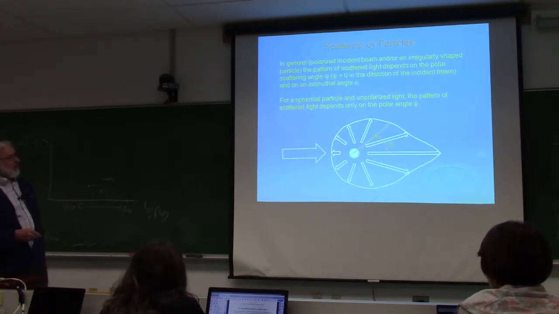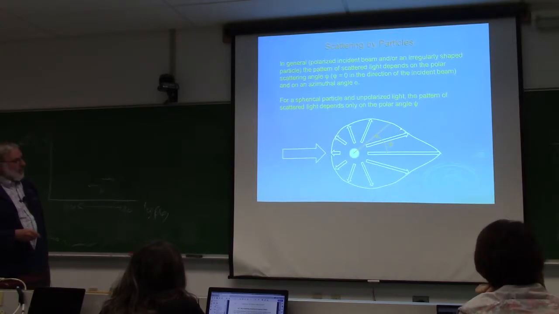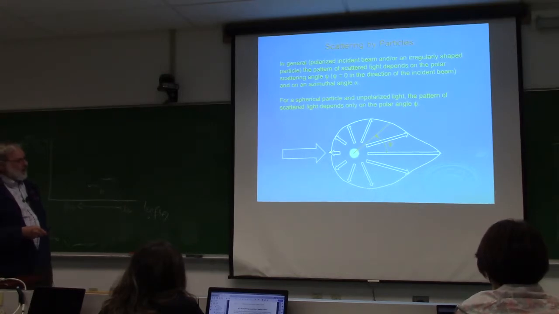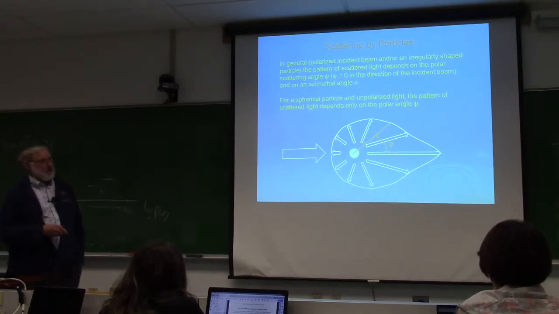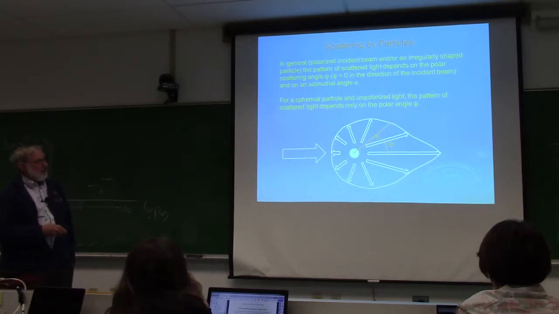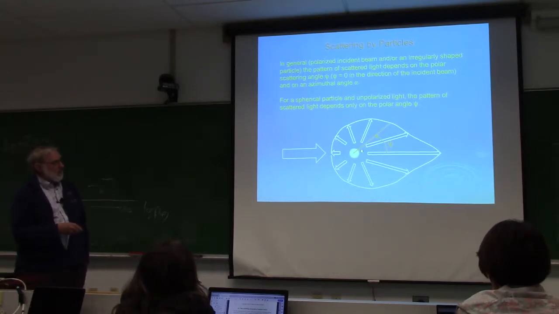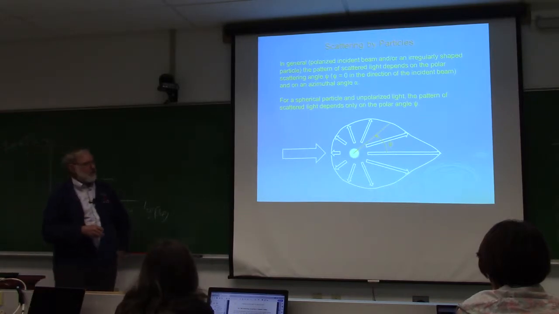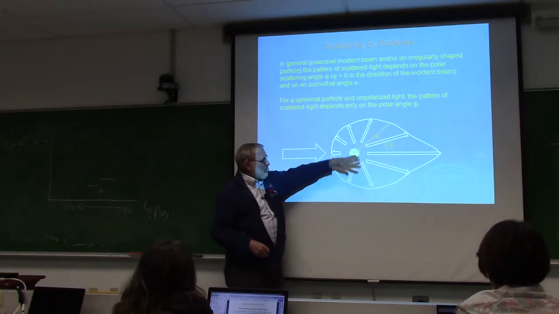And if we think of drawing a line that shows here's really strong scattering in this direction and less here and less here and less around here, we've got a little curve that maps how strongly the light is being scattered in different directions. And if we assume the particle is spherical and the incident light is unpolarized, then this will be azimuthally symmetric.